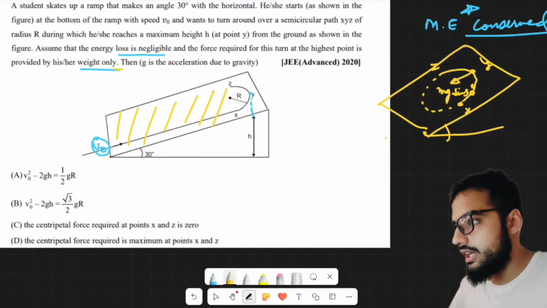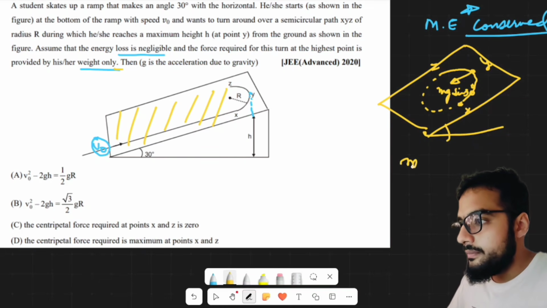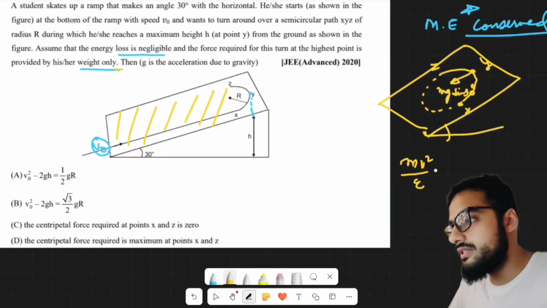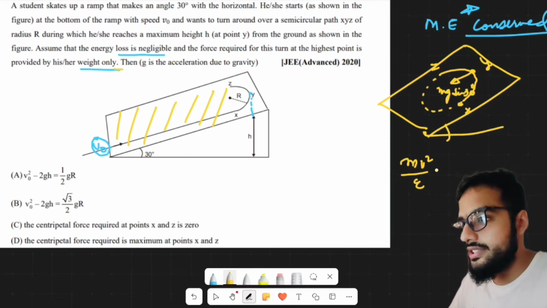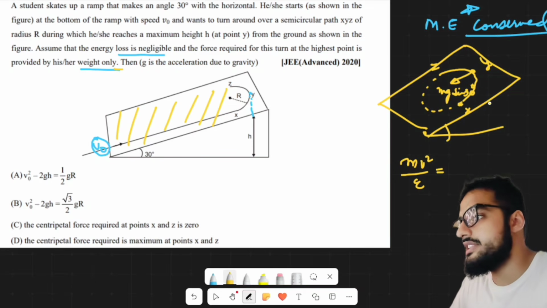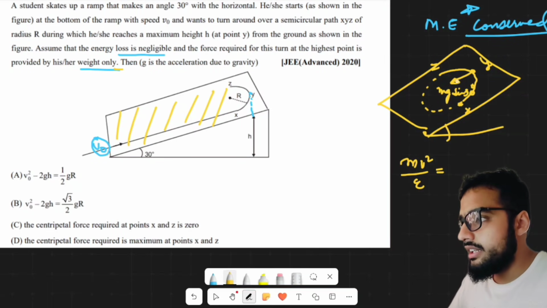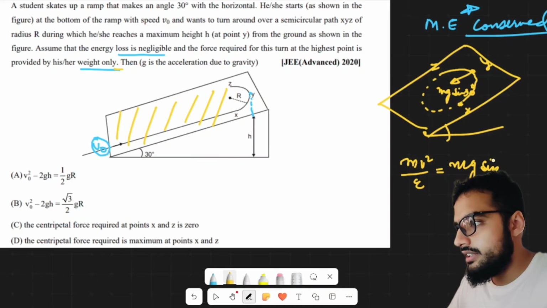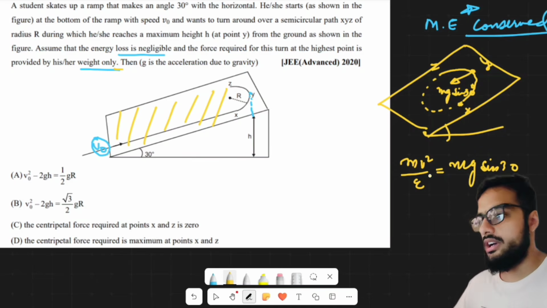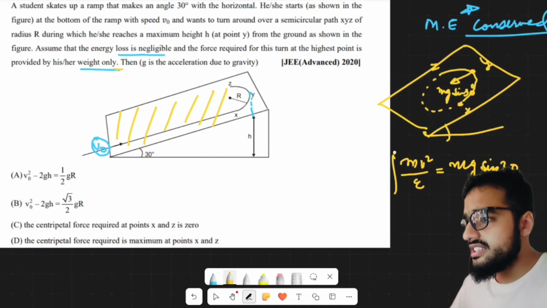Which force is required for circular motion? There should be mv square by r as an effective force in the inward radial direction, and that is given by some force, sometimes weight, sometimes friction, sometimes normal. In this case the weight is providing that, so mg sine 30 is providing mv square by r. Fine, this is our first equation.